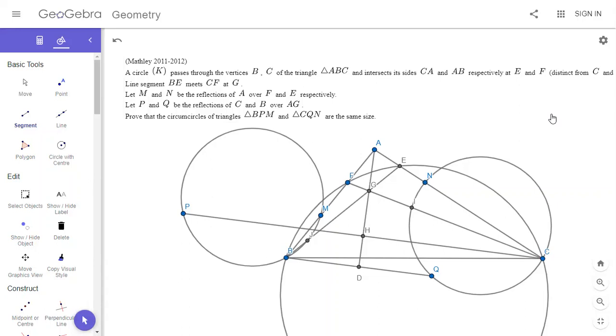So we can show A has the same power with respect to those two circles. So A lies on the radical axis. And G, and then AG is perpendicular to PC.